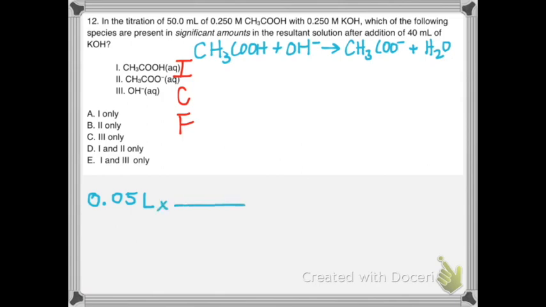And the concentration tells us that we have 0.25 moles in every 1 liter. And so we can see the liters cancel, leaving us with 0.0125 moles of the acetic acid.